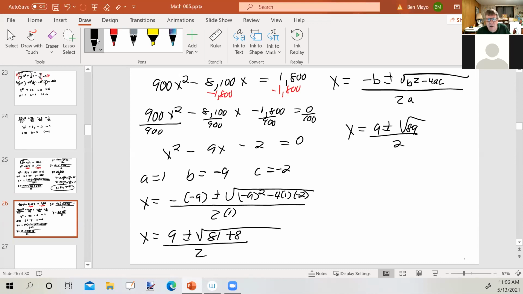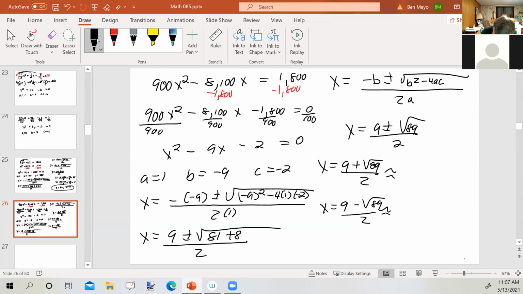Okay, 89 is a prime number. It doesn't have any perfect square factors. So my two exact answers are going to be x equals 9 plus the square root of 89 over 2, and x equals 9 minus the square root of 89 over 2.